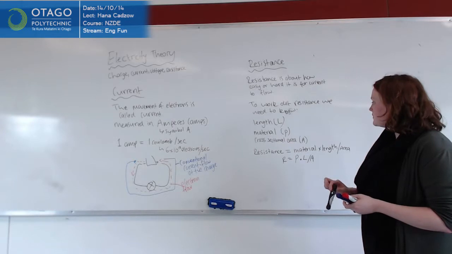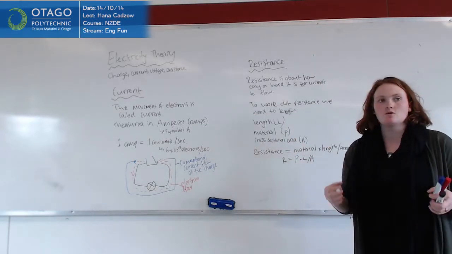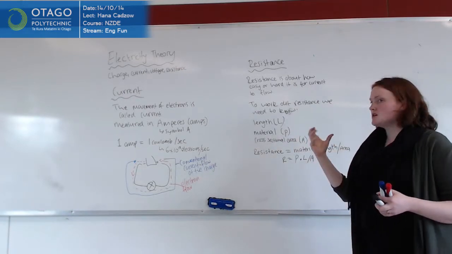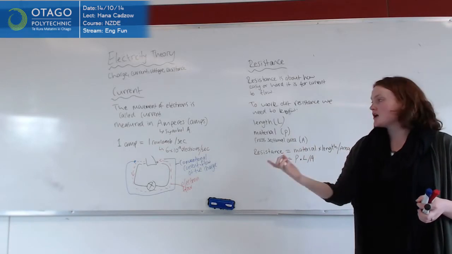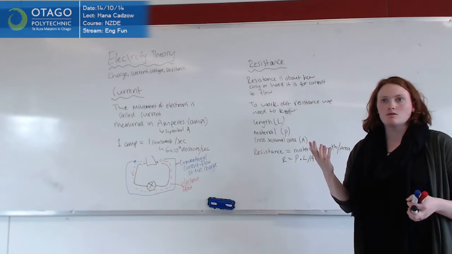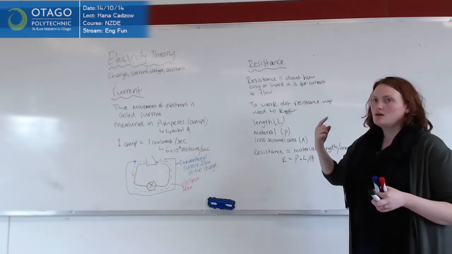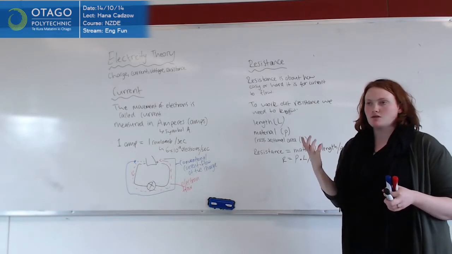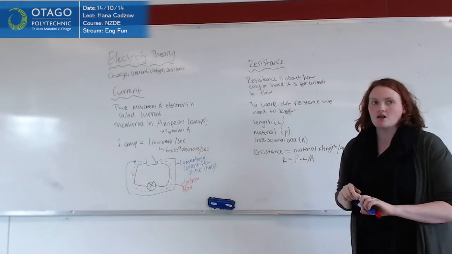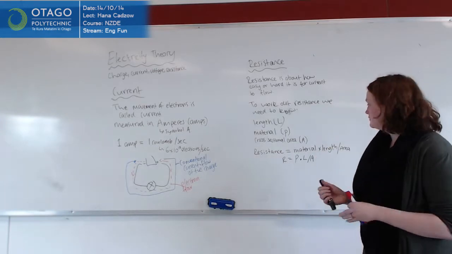There are tables and tables that will tell you this value for different materials under different conditions. Like I said before, as resistors heat up, it becomes harder for electrons to pass through, and so they resist more. So current flowing through something generates heat, and as something heats up, its resistance increases. So its material factor, or the resistivity of its material, how much it's going to resist, changes.